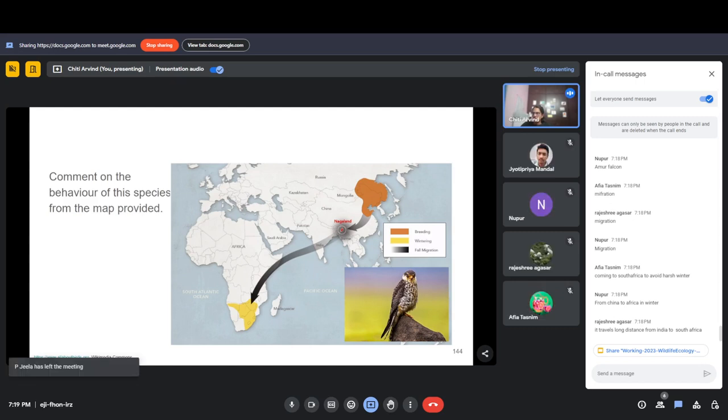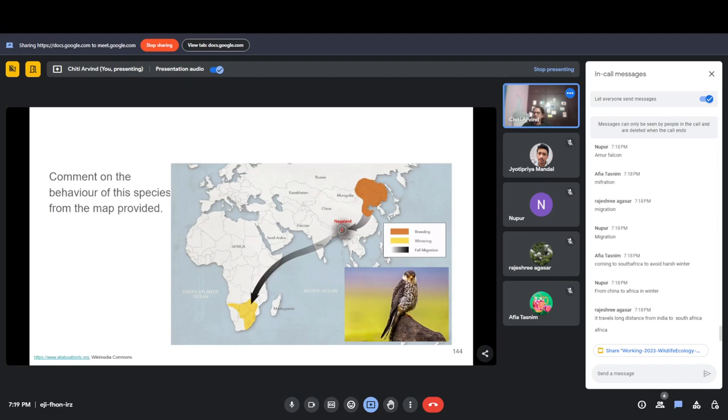Right, it's going from China to Africa, right? So it's wintering basically to avoid the harsh winter, right? And where is it breeding? Where do Amur falcons breed? Are they breeding in Africa?